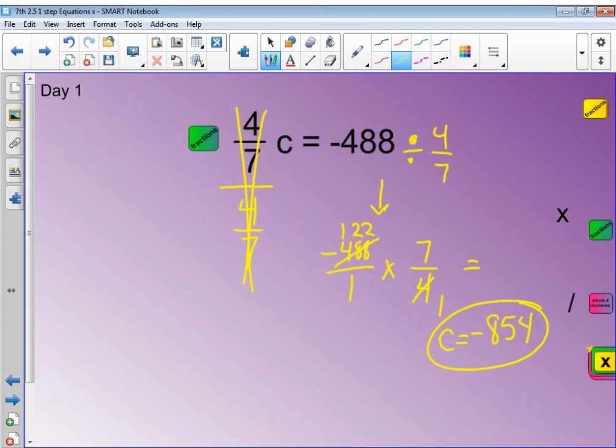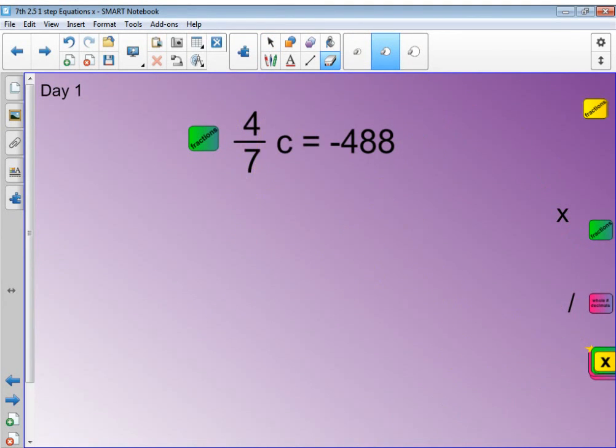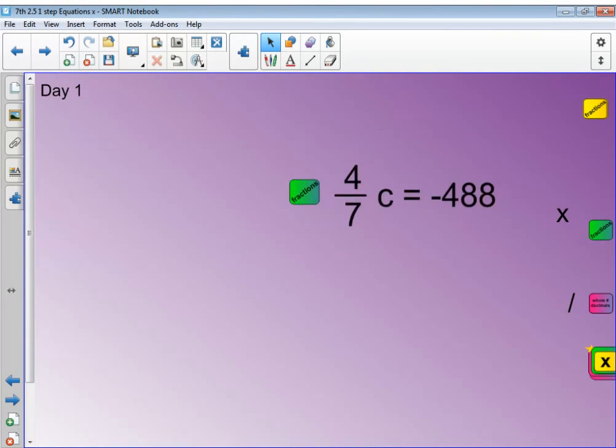So you should have gotten C equals negative 854. Okay, so that's working multiplication when multiplication is originally involved.